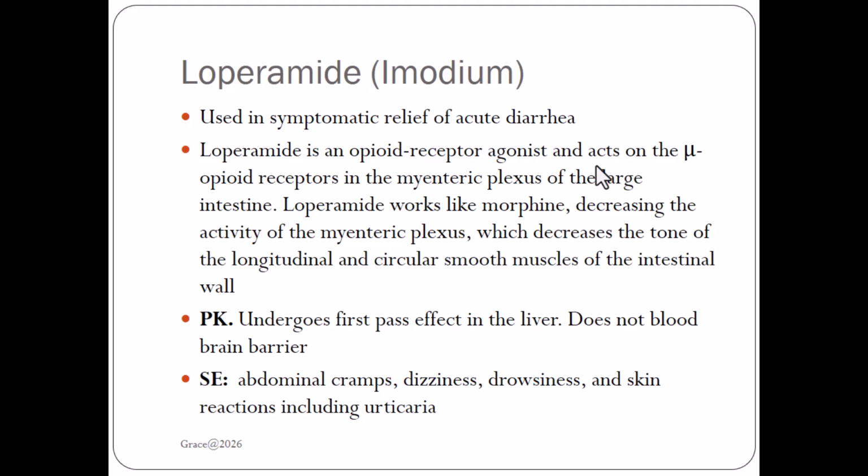Loperamide works like morphine by decreasing the activity of the myenteric plexus, which decreases the tone of longitudinal and circular smooth muscles of the intestinal walls. It undergoes first-pass effect in the liver and does not cross the blood-brain barrier. This is a marking point that you need to always remember.